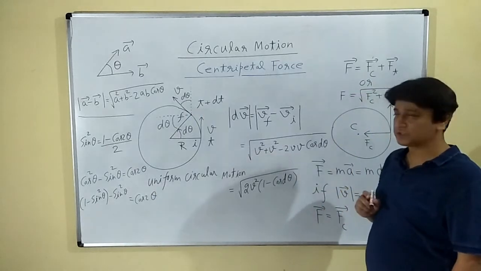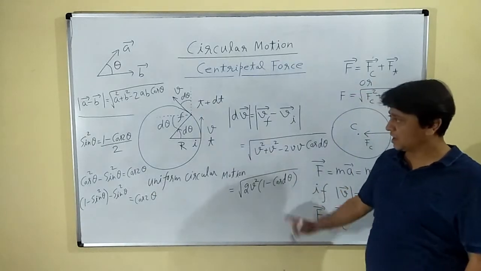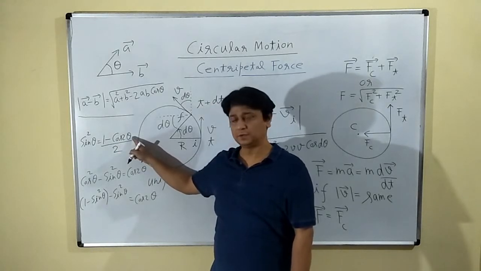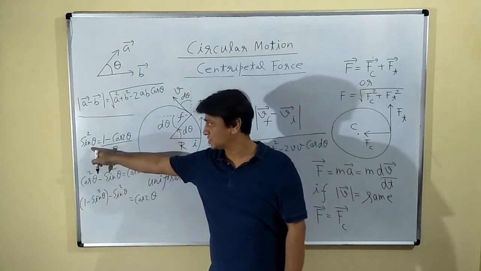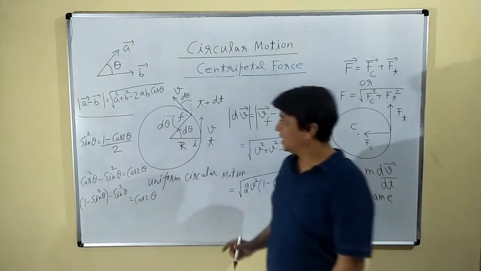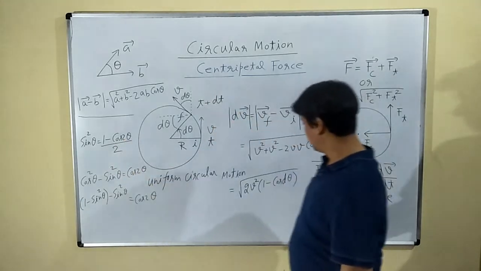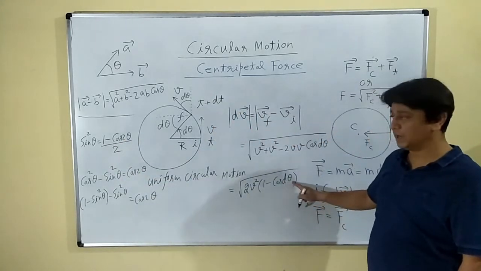What is the advantage of this here? Look here. If this is 1 minus cos 2 theta, then this is sin square theta, half of whatever is here. What is written here? d theta.